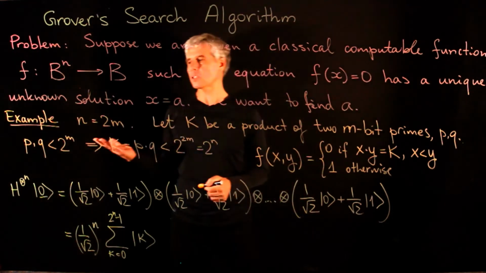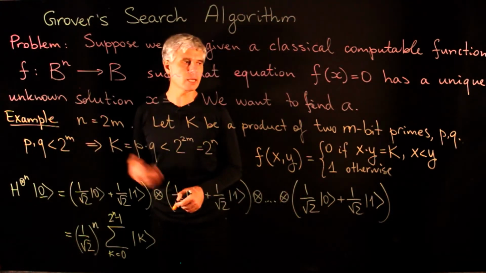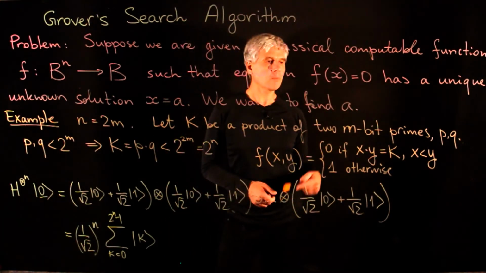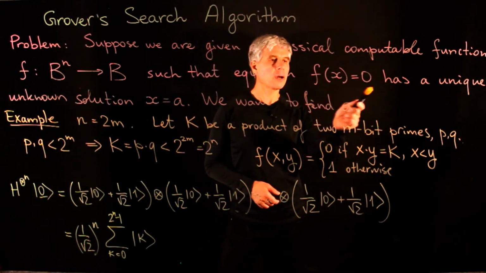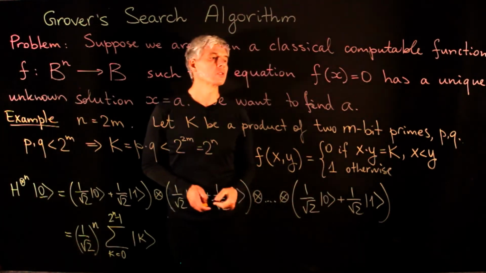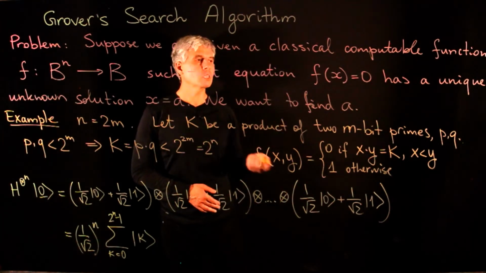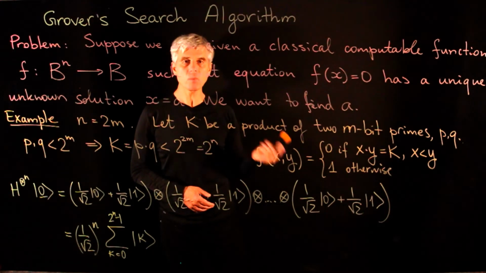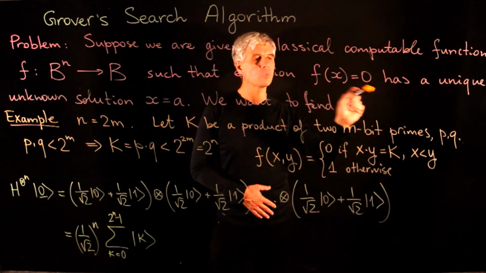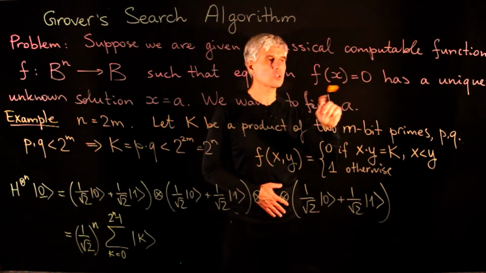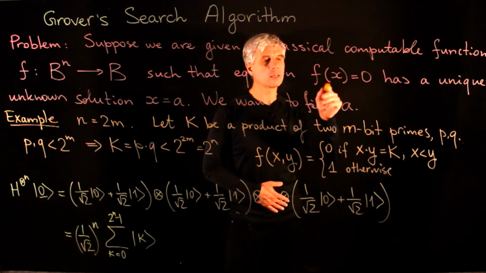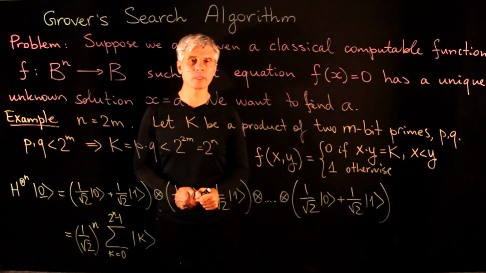Let's assume that such an algorithm is not known. Then the only way to solve this problem is by brute force. We take all possible inputs one by one and compute the values: f of 0, f of 1, f of 2, and so on, until we hit x equals a, and then we find the solution.